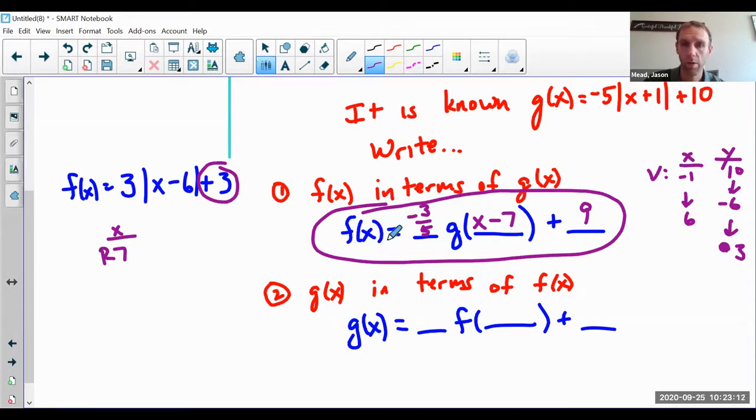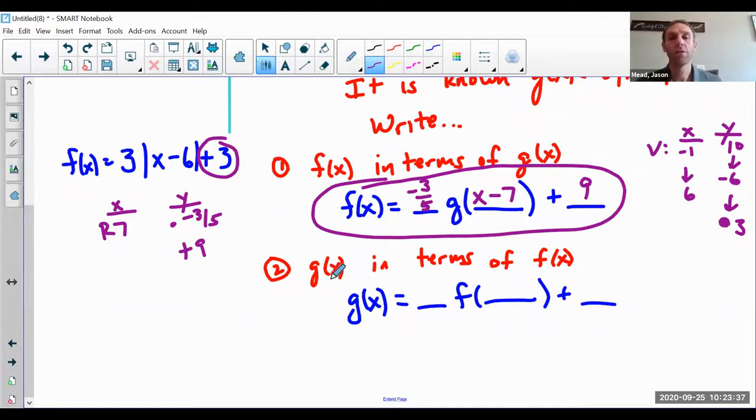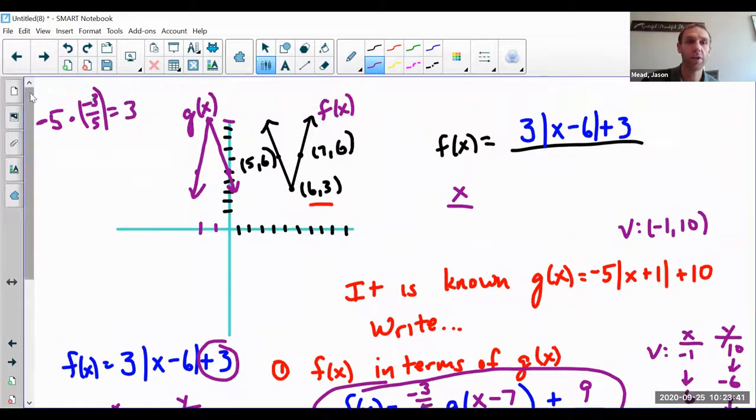Okay. I'm going to do one more thing where I write g of x in terms of f of x. So that's basically going backwards. Here for y, I multiplied by negative 3/5, and then I added 9. So for g of x in terms of f of x, I'm going to do the opposite thing. I'm starting at f, and then I have to get to g. If I start at f, I had x at positive 6, and it gets to negative 1.